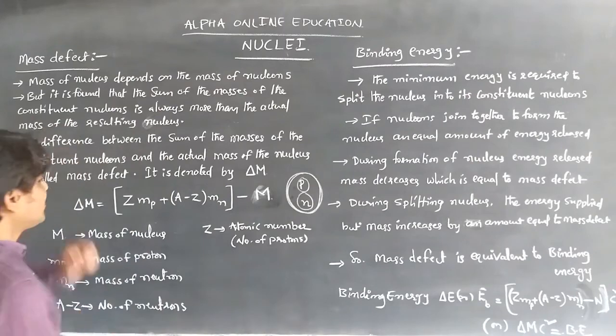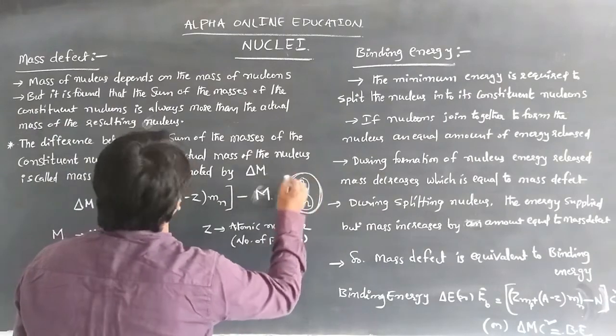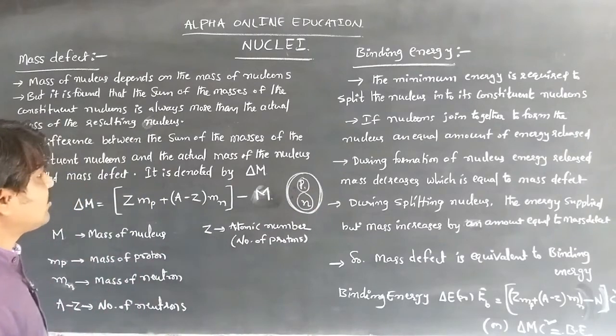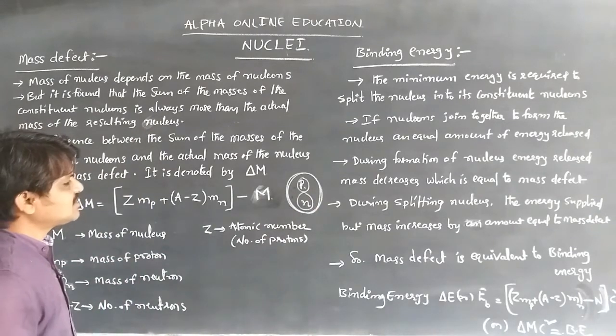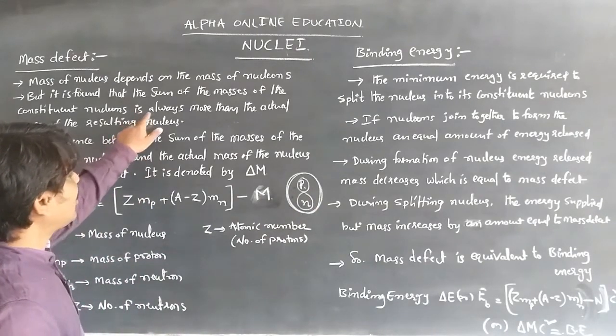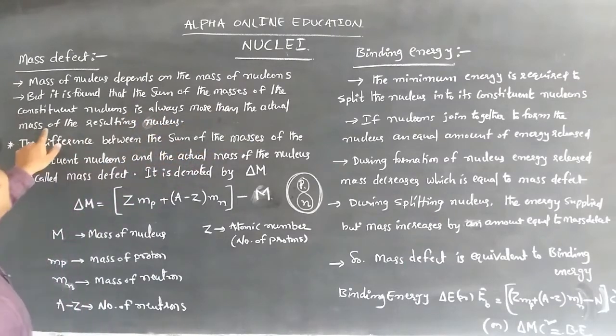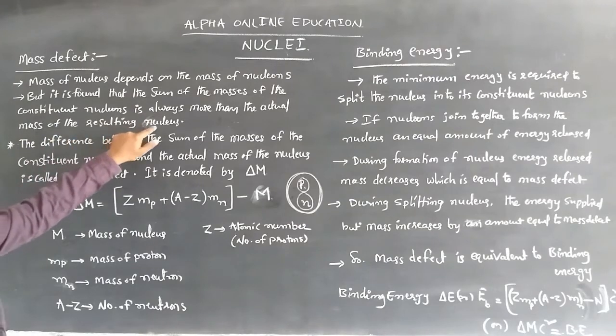We know that the mass of the nucleus depends on the mass of the nucleons, but it is found that the sum of the masses of the nucleons is always more than the actual mass of the resultant nucleus.